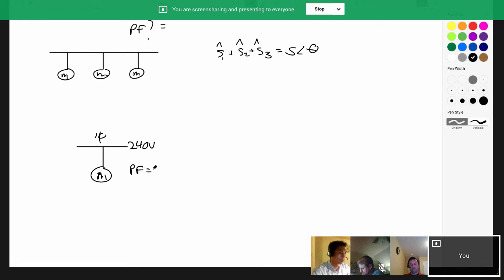He's got 0.7 power factor. Someone tell me how to get to the complex power for that motor. We'll say that he's drawing a total of 12 amps.